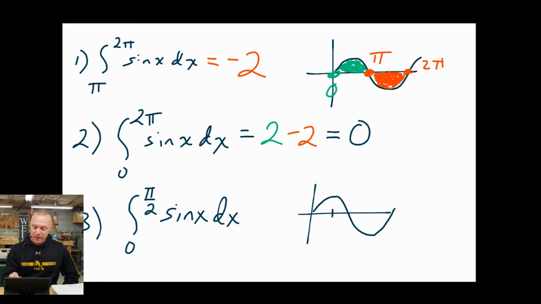Pi over 2 is going to be halfway. That's a little hint, isn't it? Halfway in this first bump. So we're looking at just this piece. Well, of course, if the whole bump is equal to 2, and we've only traveled halfway through that interval, then it would stand to reason that this one is going to be half of 2, which is 1.